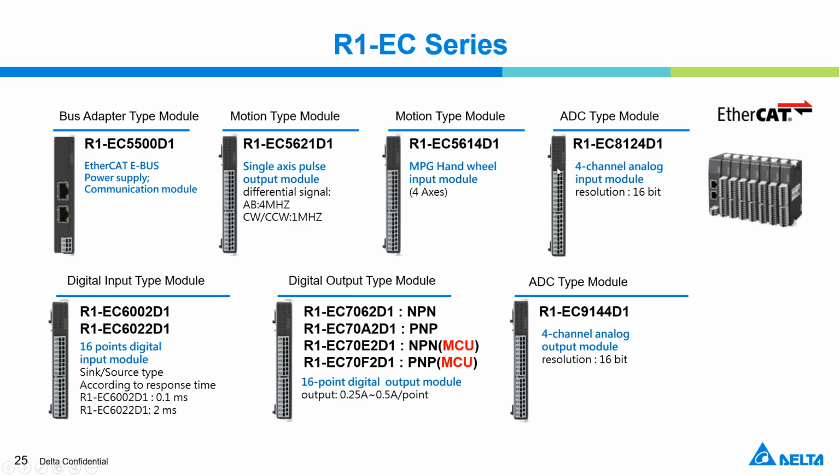In the software, you can only set the same type for these four channels. If you set current type, then all four channels will be current type. If you connect a voltage type here, it cannot detect it.